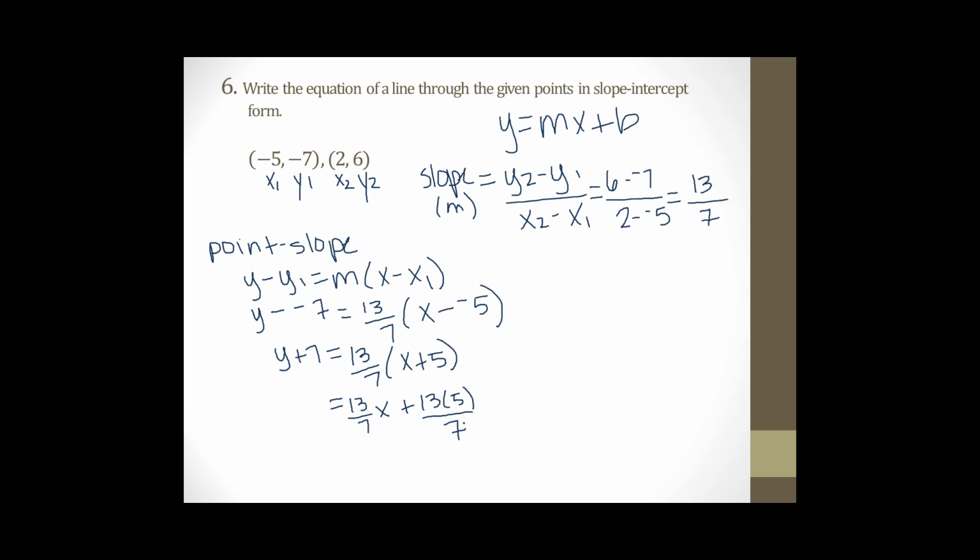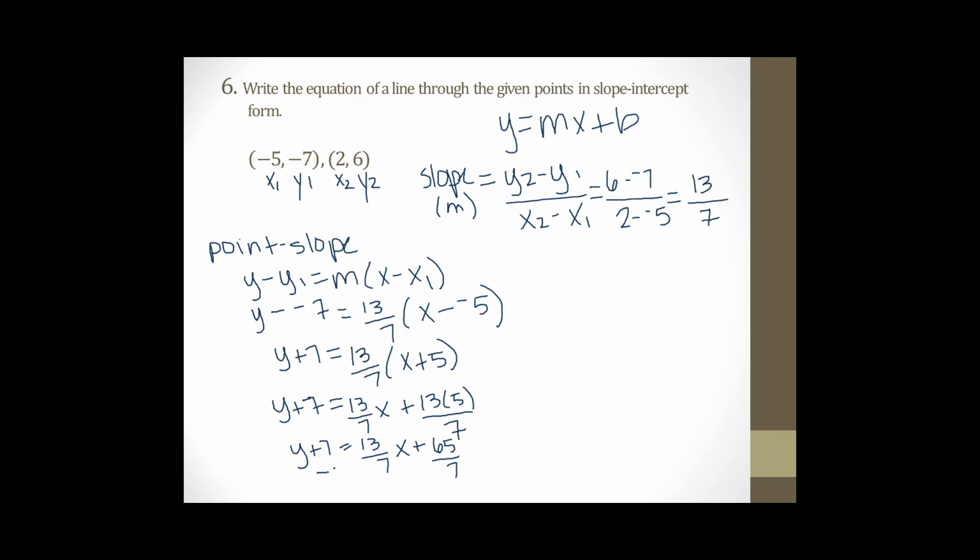So that's going to give us, and on the left we still have y plus 7. So that's basically going to be y plus 7 equals 13 over 7x plus 65 over 7.